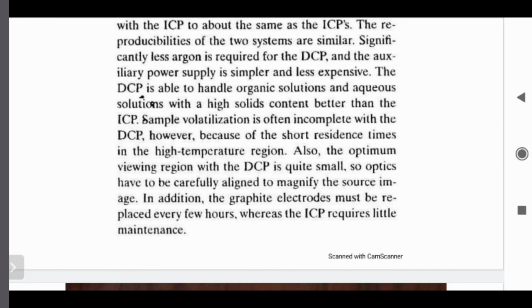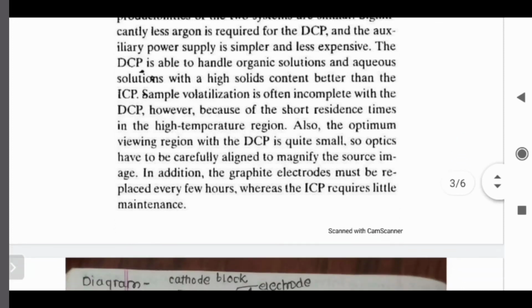There is a gap between temperature ranges, so it is possible that some samples might not get volatilized. The optimum viewing region of the direct current plasma is quite small, so the optics have to be carefully aligned to magnify the source image.